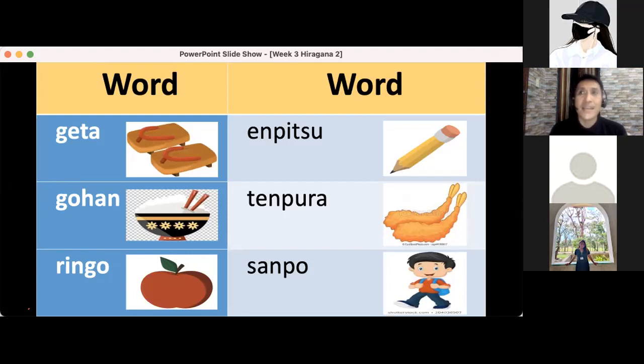Minsan nga may eggplant na tempura sila. So it's tempura, it's more of the manner of cooking, not the main ingredient na ginagamit. Halimbawa, ebi tempura, nasu tempura. So the different types of tempura. Sampo means walk. Sampo shimasu means walking.